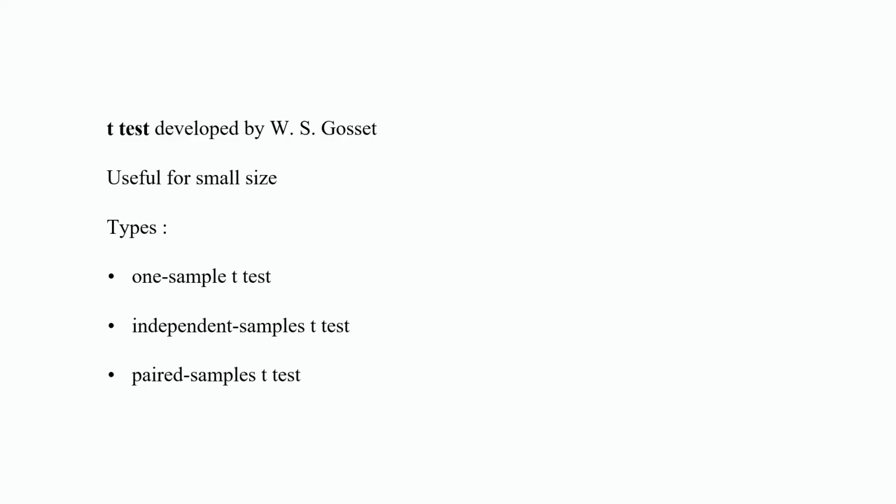One is a single variable on which we have to measure a certain output. Second, we have two independent variables, known as the independent sample t-test. And the third one is where we have measurements at different points of time: time 1, time 2, or before and after, pre and post. Such kinds of measurements we normally do through performing a t-test.